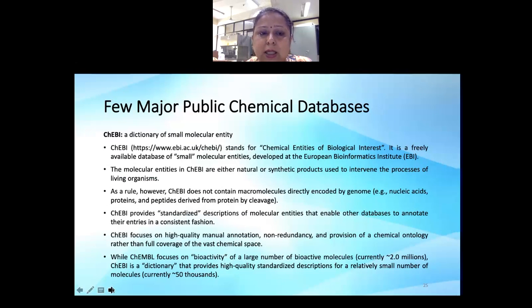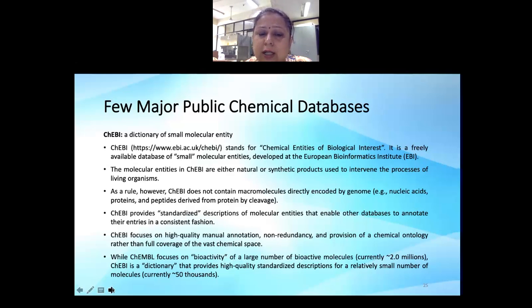Another database, ChEBI, a dictionary of small molecular entities. It stands for chemical entities of biological interest. It is a freely available database of small molecular entities developed at the European Bioinformatics Institute.